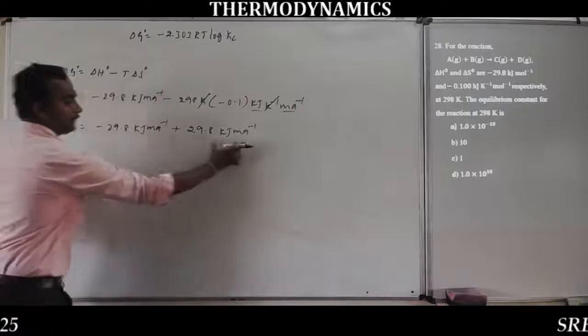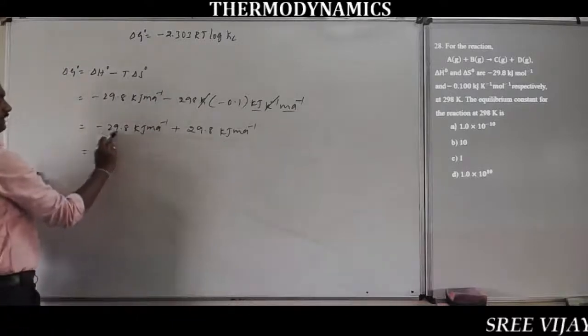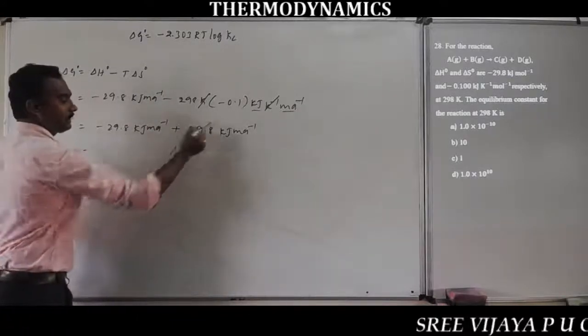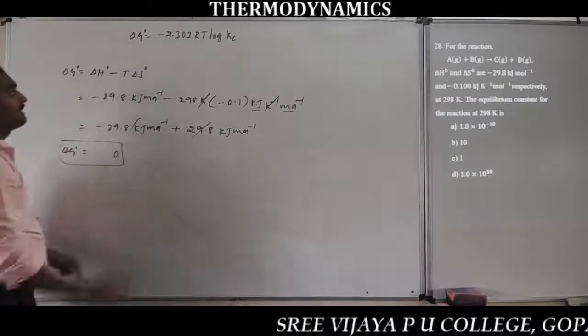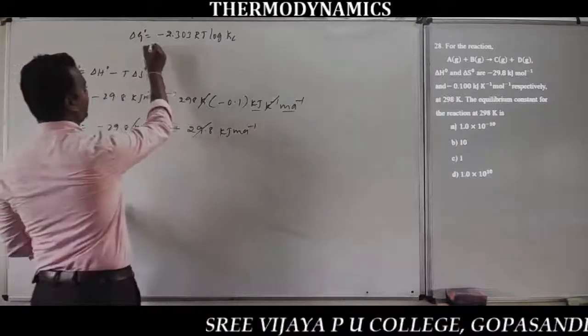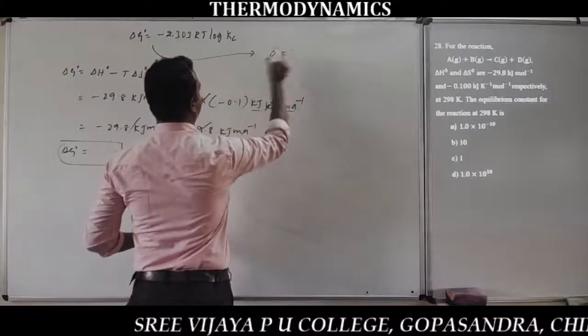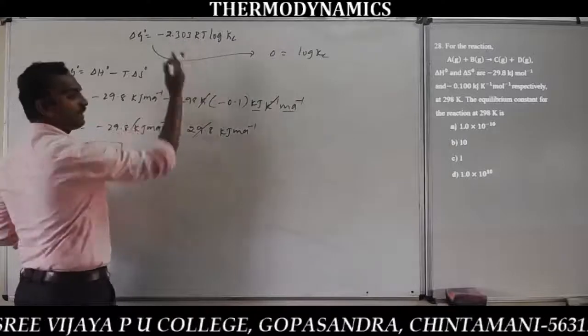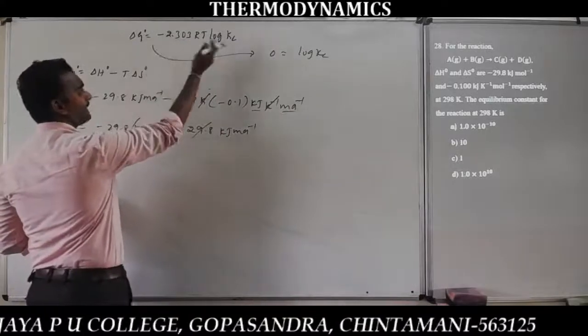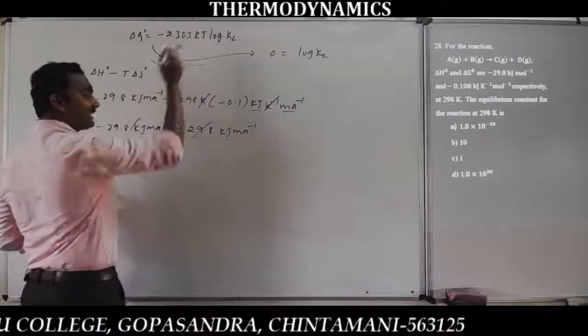So minus 29.8 plus 29.8 becomes 0. Therefore delta G is 0. So when delta G is 0, in the equation, log Kc is equal to 0, since 0 by 2.303 is 0, 0 by R is 0, and 0 by T is again 0.